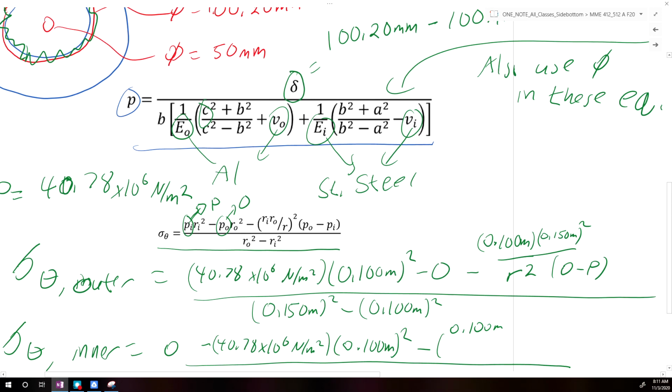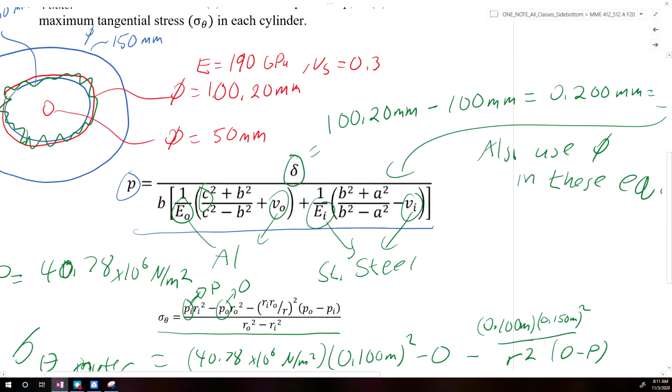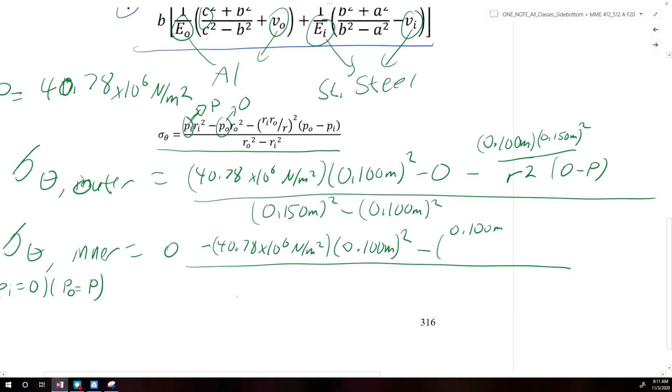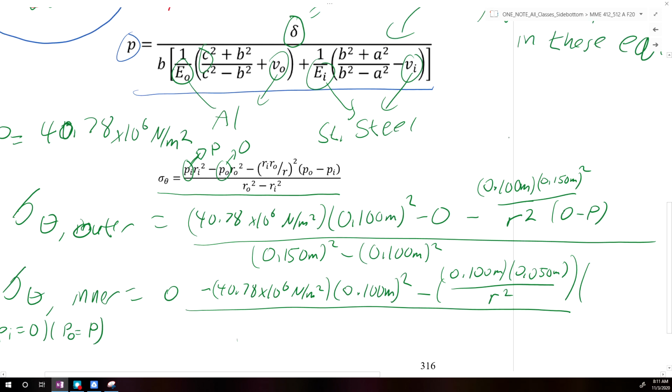So it would be 0.10 meters times the inner radius, which would be 0.050 meters, divided by the radius squared, times the external pressure minus the internal pressure.